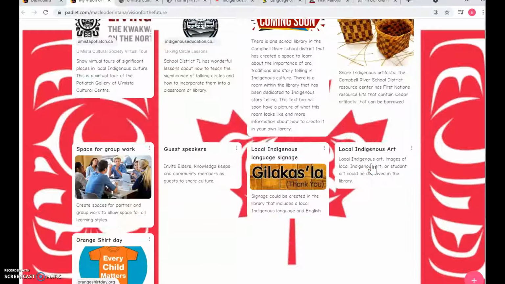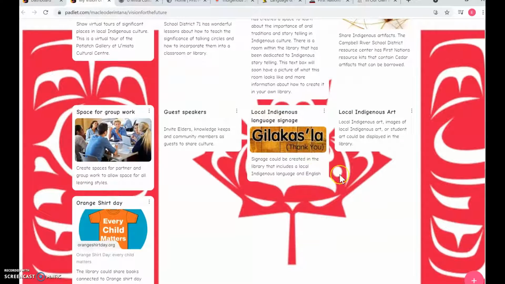Indigenous artifacts could be shared in the library. Local language teachers could be invited to come in and teach language to the students. Guest speakers could be invited. The physical space of the library could be set up to allow for group work, partner work, and group discussions.